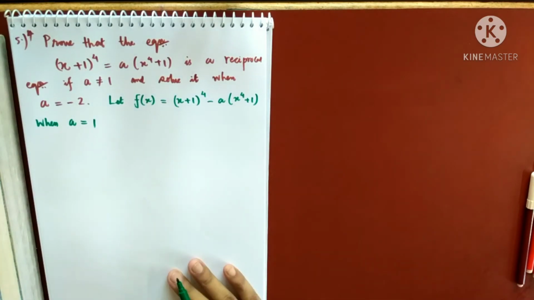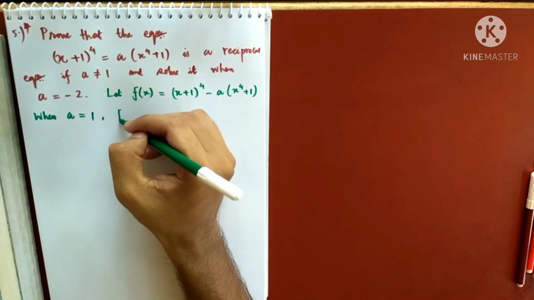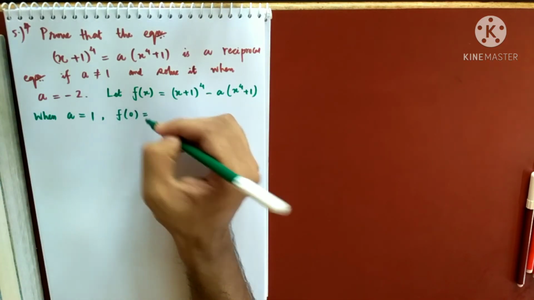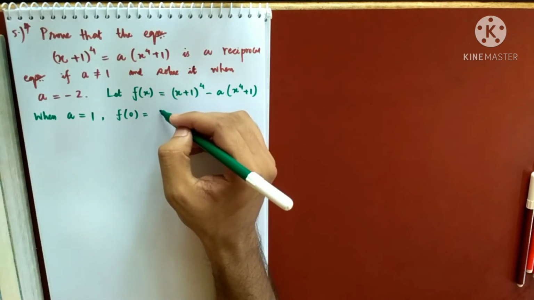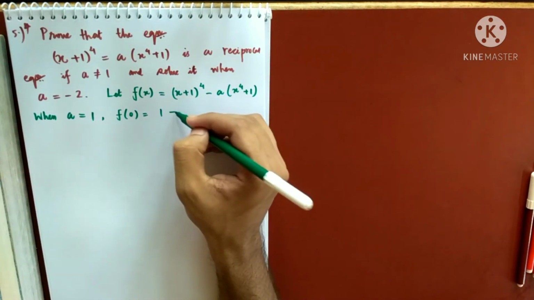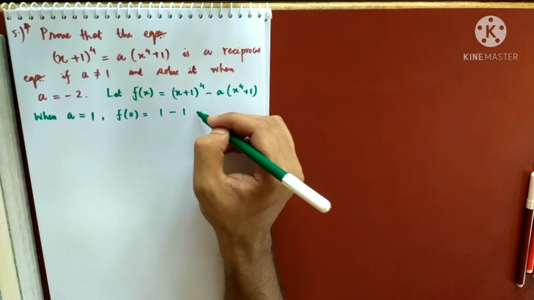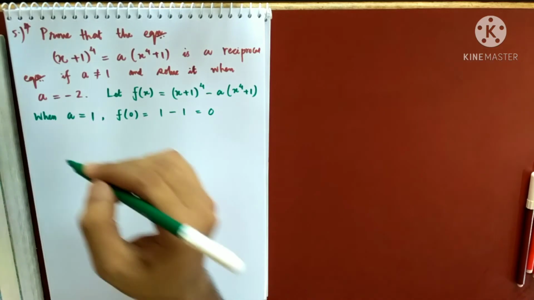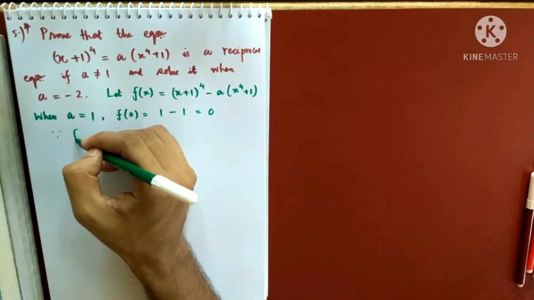So we might wonder why it is not a reciprocal equation when a equals to 1. When a equals to 1, what is the value of f(0)? Put x equals to 0. 0 plus 1 whole to the power 4 is 1, minus a is 1, and what is 0 to the power 4 plus 1? Which is 1. What are we getting? 0. So when a equals to 1, f(0) equals 0.